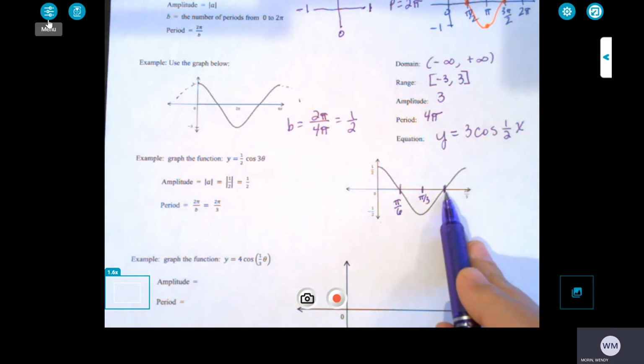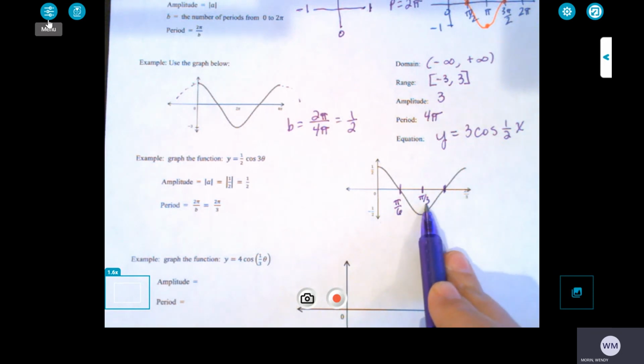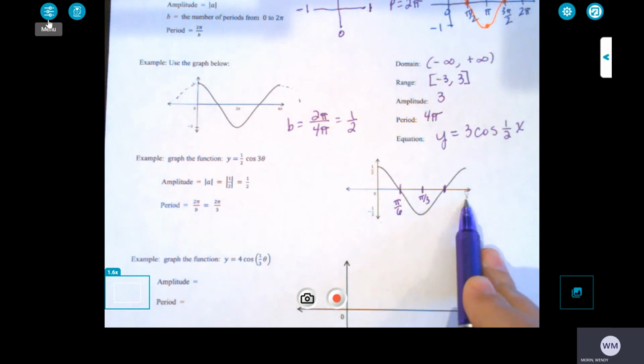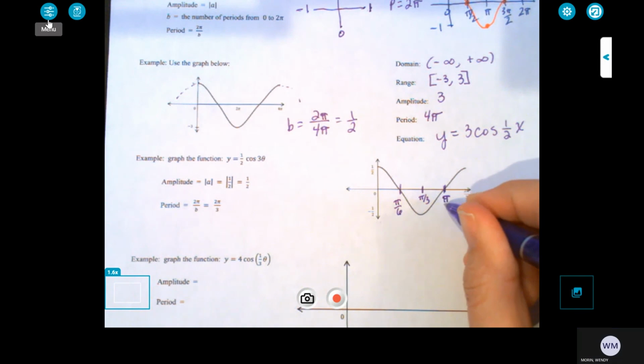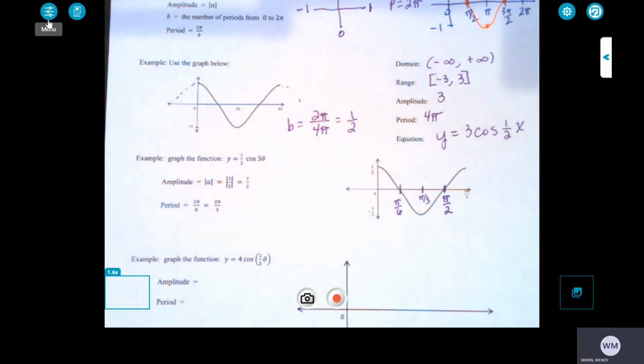So to find this x value again with fractions, add them together, divide by 2. 1 pi over 3 plus 2 pi over 3 is a total of 3 pi over 3. That's 1 pi. And then you divide it by 2. Add them together and divide by 2.